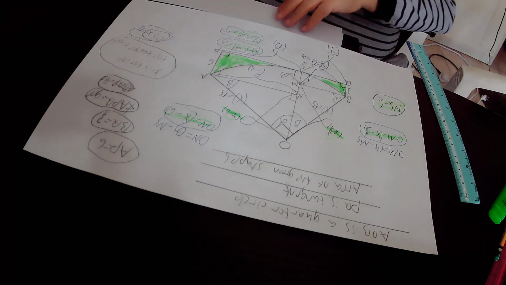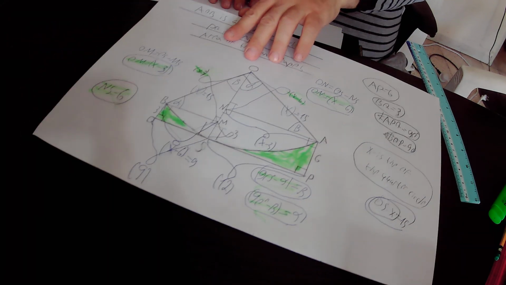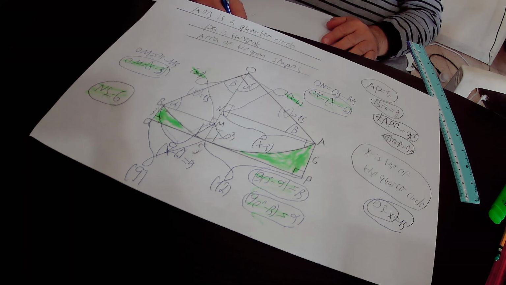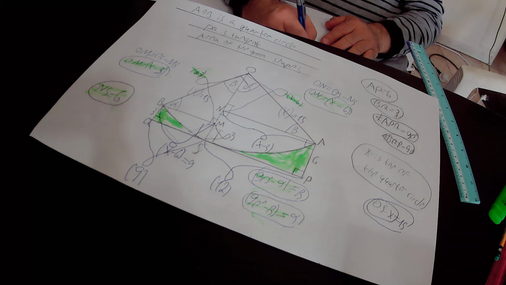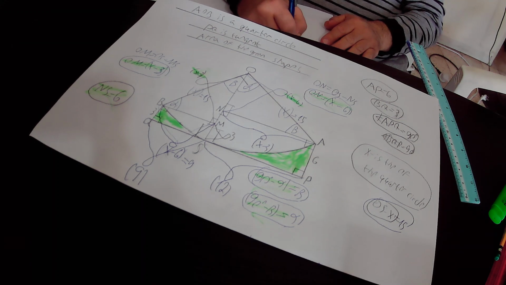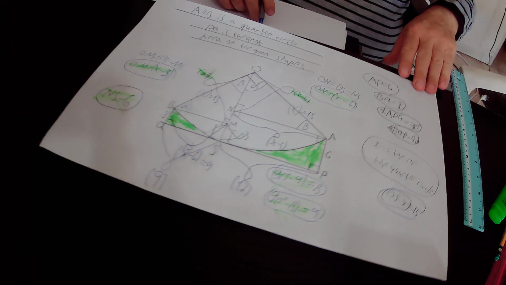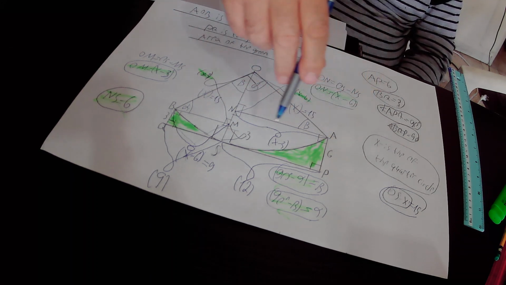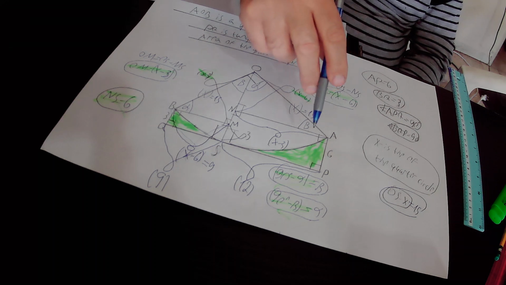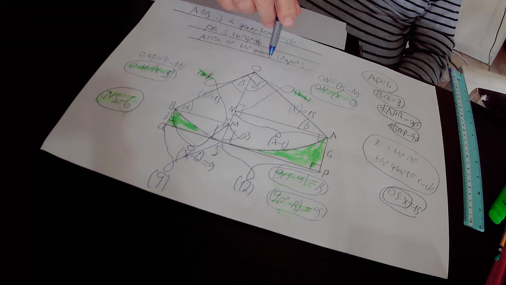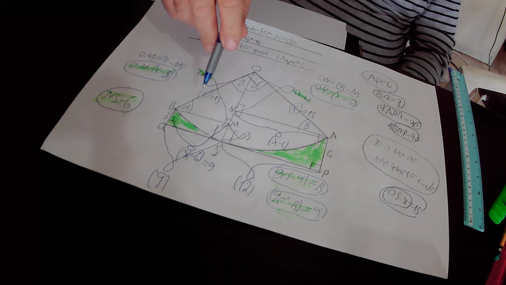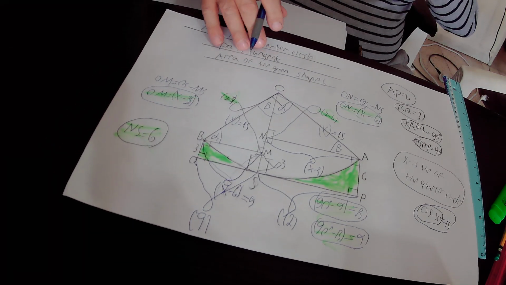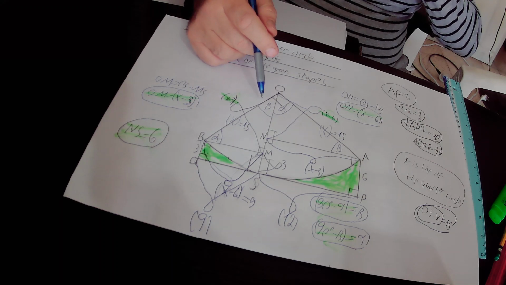So, what is the area of this green shape? The area of the green shape is equal to the area of the whole shape OAPSQB minus the area of this quarter circle OAB.